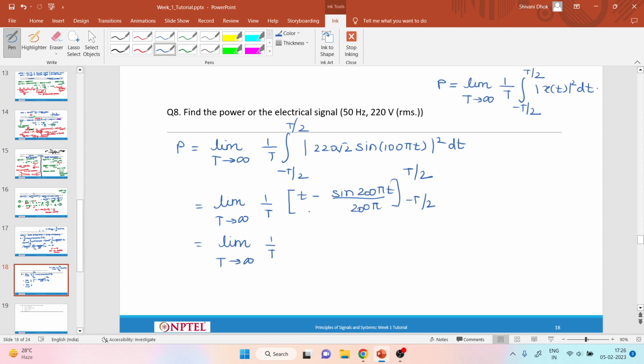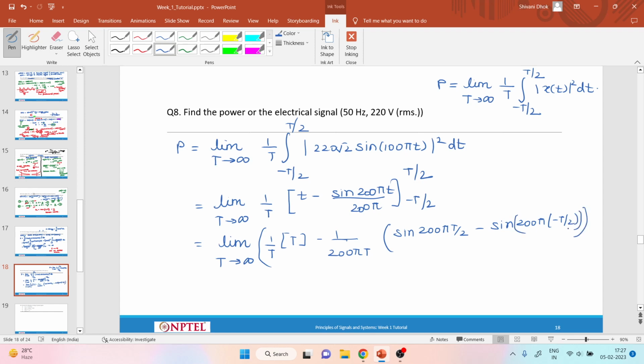So this first term will be leading to t, and this second term will be sine of 200 pi into t by 2 minus sine 200 pi into minus t by 2.